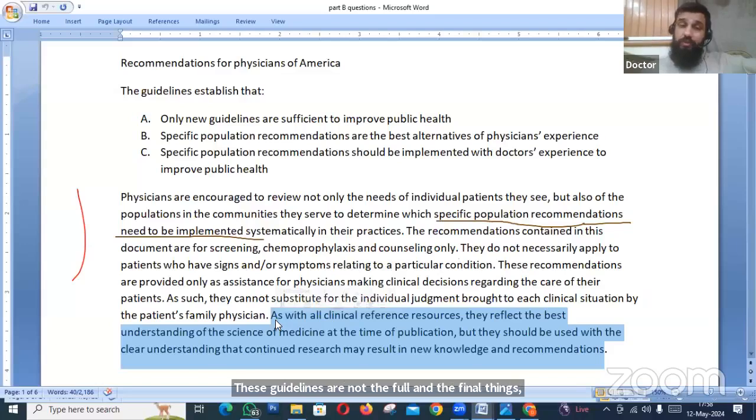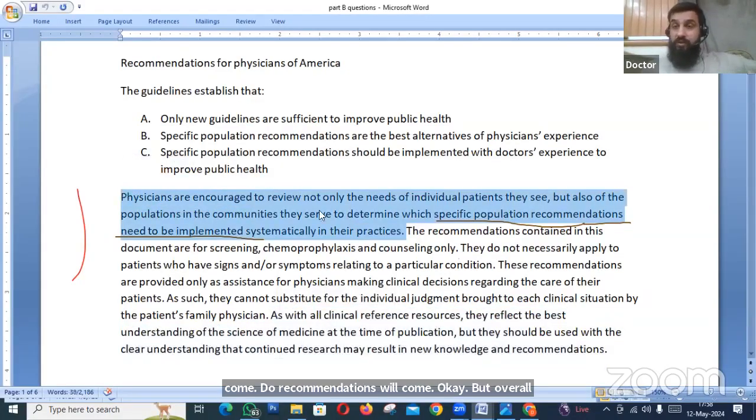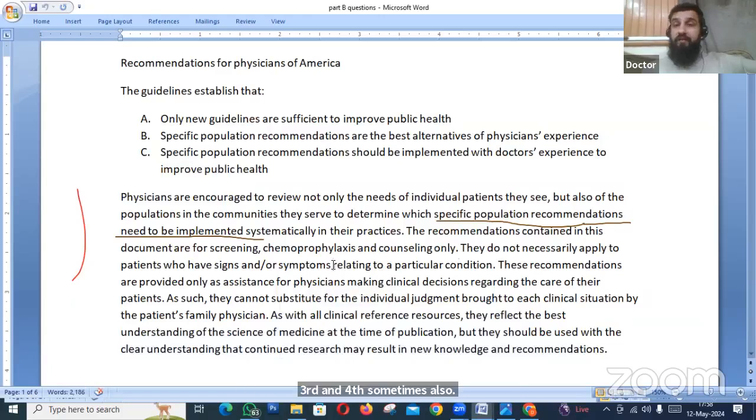So you need to keep in mind that with continued research, new knowledge and new recommendations will come. But overall, in the first sentence, and in the third and fourth sentence also, they are saying that with a doctor's experience plus these recommendations, these guidelines, you can improve public health.